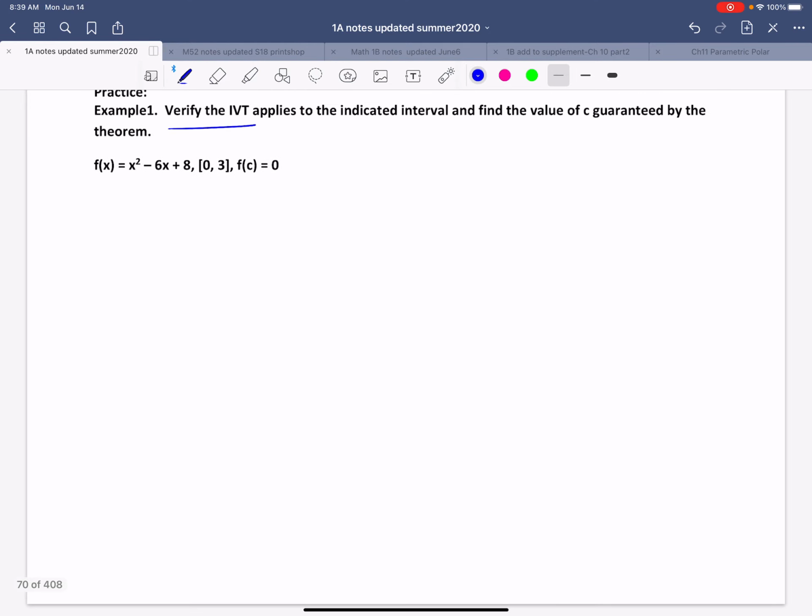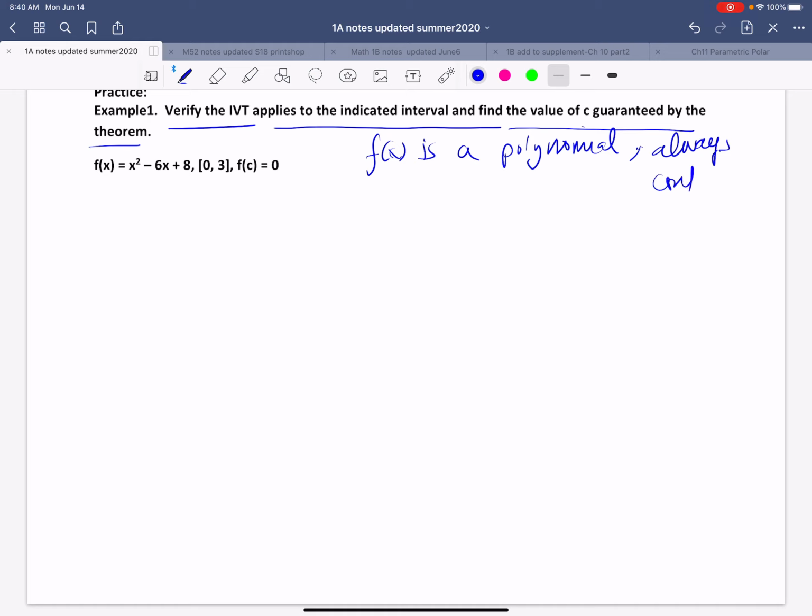Here's an example. Verify the IVT applies to the indicated interval and find the value of c guaranteed by the theorem. Do note here, f(x) is a polynomial. Polynomials are always continuous.